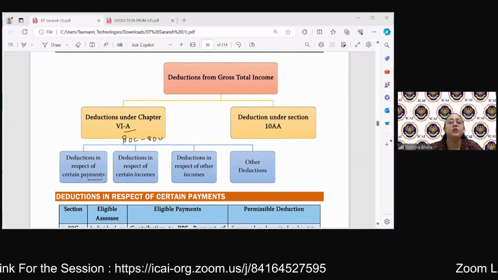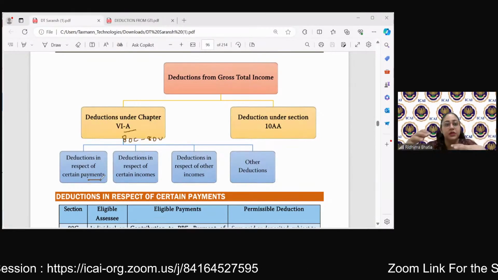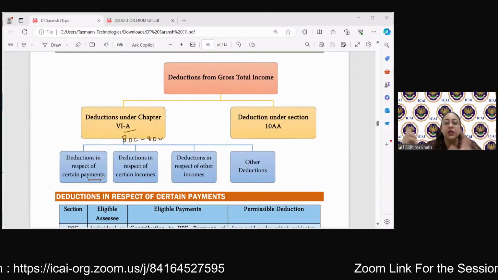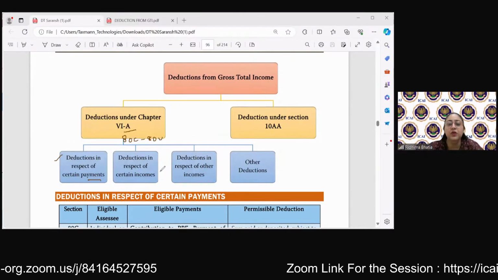You get deductions based on certain payments, that is during the previous year. During the previous year, if you make certain payments or certain investments, then you get deductions under particular heads. The conditions have to be fulfilled.